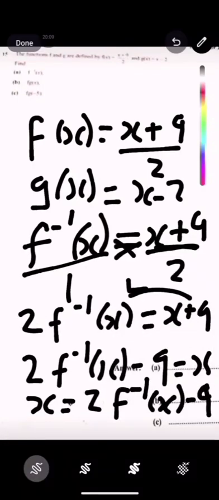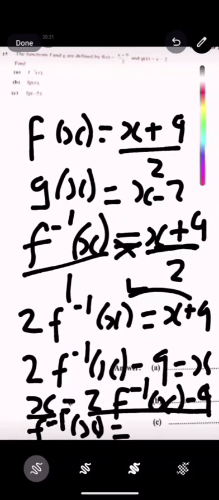So now with this, the last part is you write it as f inverse of x equals this side. You copy it the way it is, but where there's f inverse of x, you put x. So they have just exchanged position. 2x minus 9.